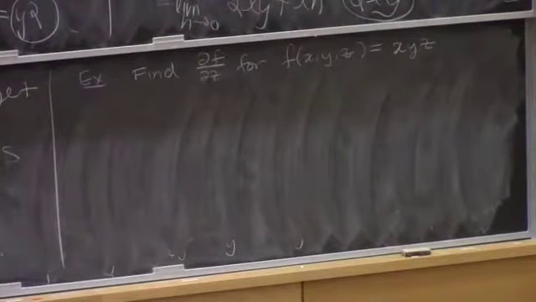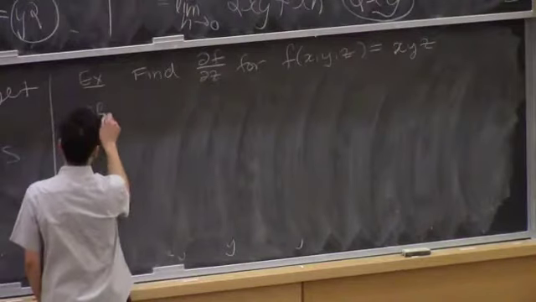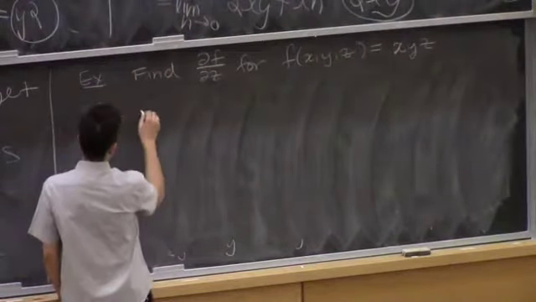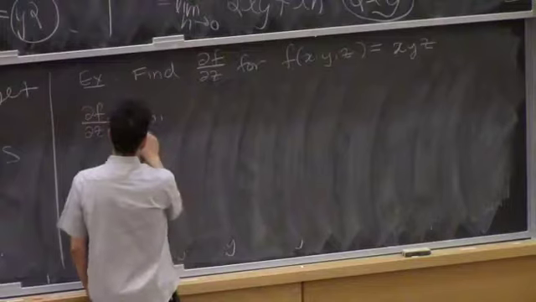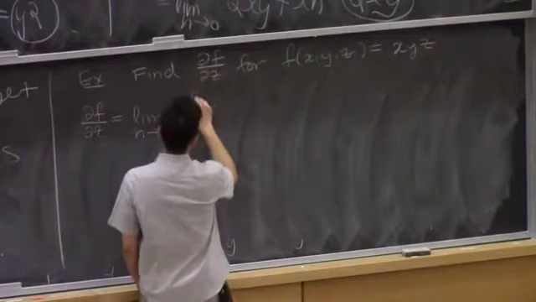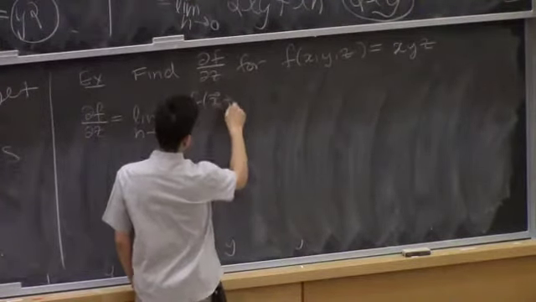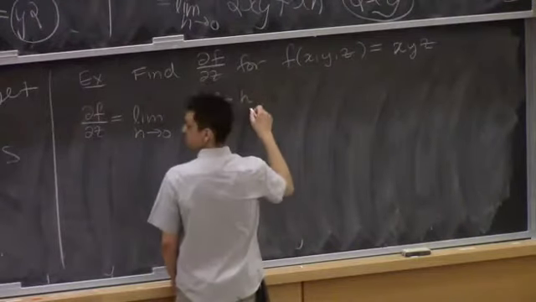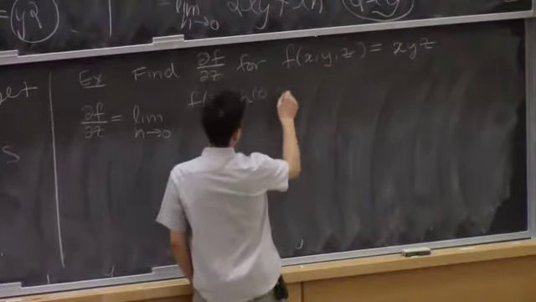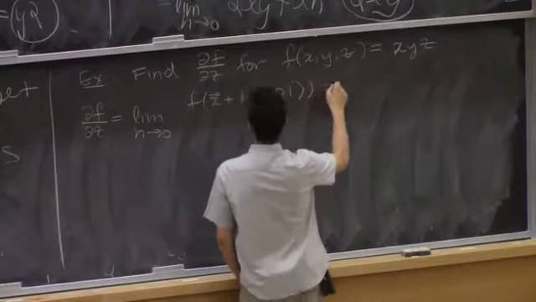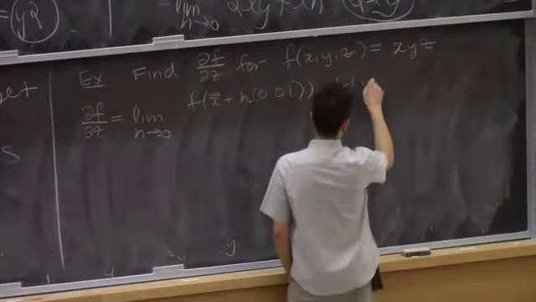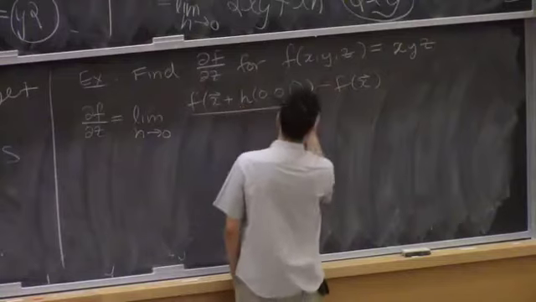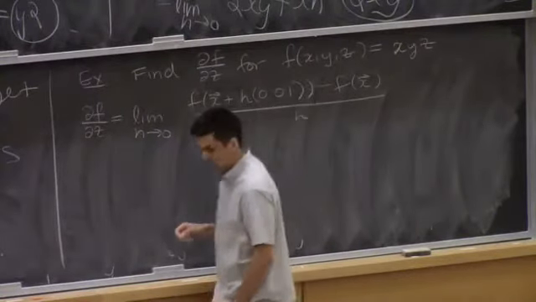Okay, so if we're looking at the z coordinate, we're going to add a small vector in the direction of z. So this will be like this.